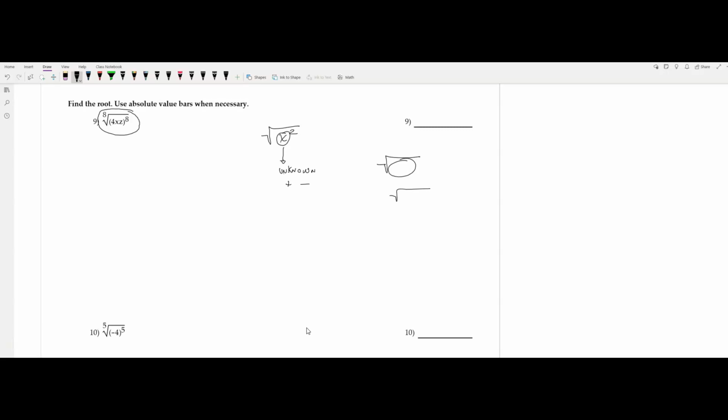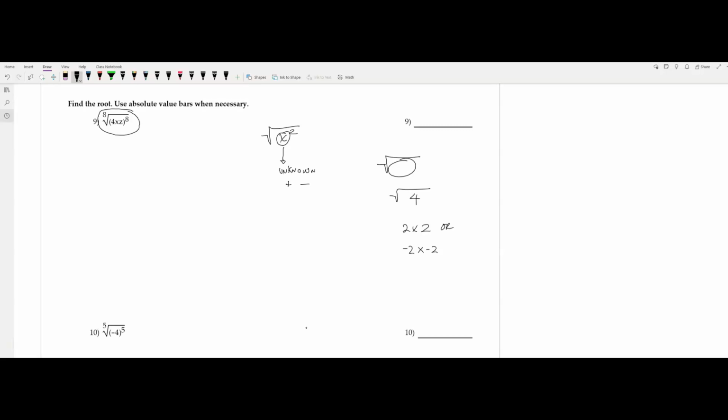So for example, the square root of 4 is 2 times 2, or negative 2 times negative 2 if I'm looking for the roots. But if it's just the square root of 4, then it's just 2 times 2.